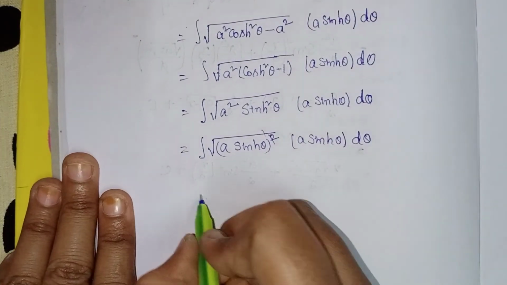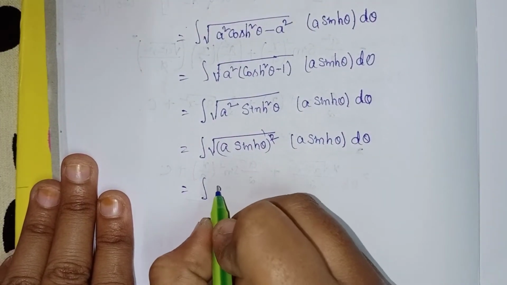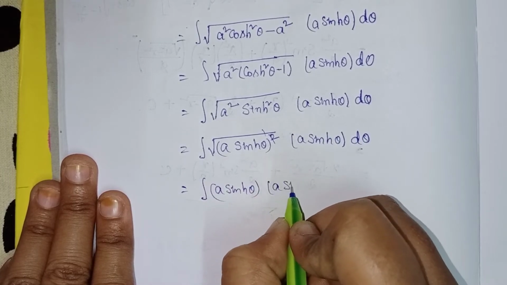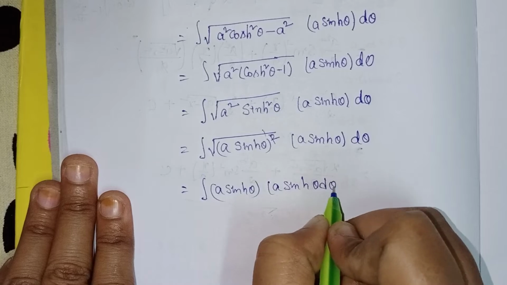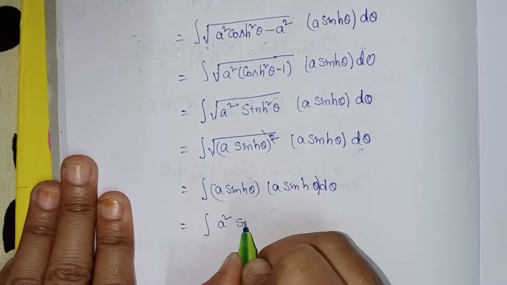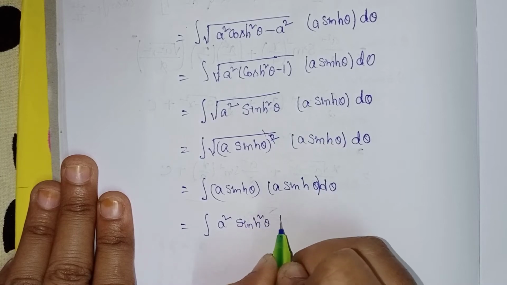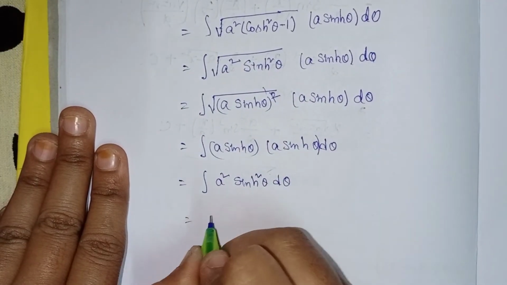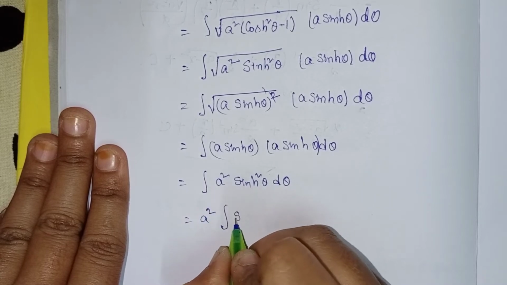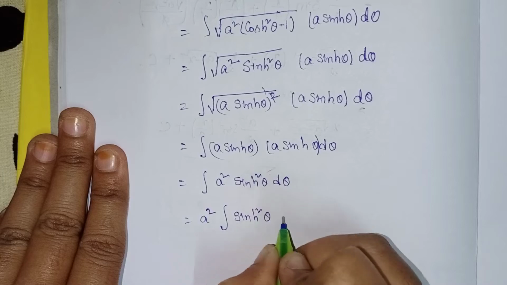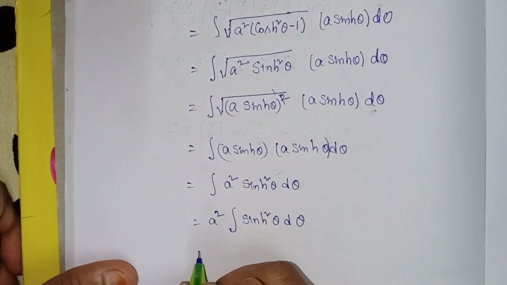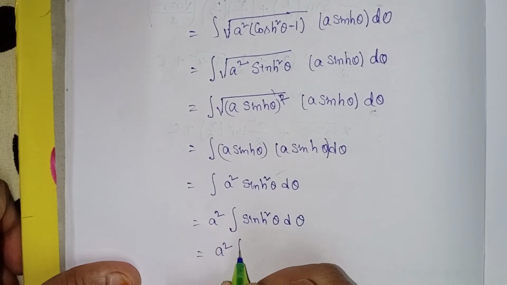Integral of square root of (a into sin h theta) whole square, into a into sin h theta d theta. Square root gets cancelled. Integral a into sin h theta into a into sin h theta d theta. Integral a square sin h square theta d theta. a square is constant, you can write outside of the integration: integral sin h square theta d theta. Okay, next here also multiply and divide with 2.